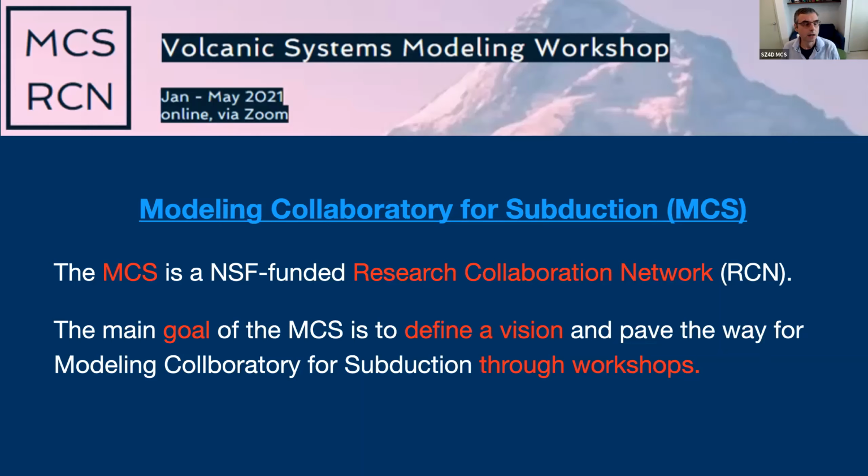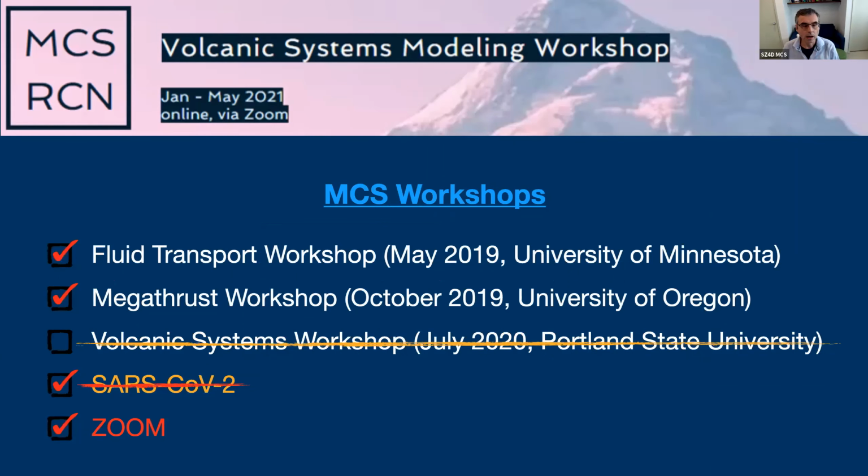So the Modeling Collaboratory for Subduction, MCS, is an NSF-funded research collaboration network. So that's the acronym RCN. The main goal of the MCS is to define a vision and pave the way for a modeling collaboratory for subduction through workshops. And there have already been 2 workshops.